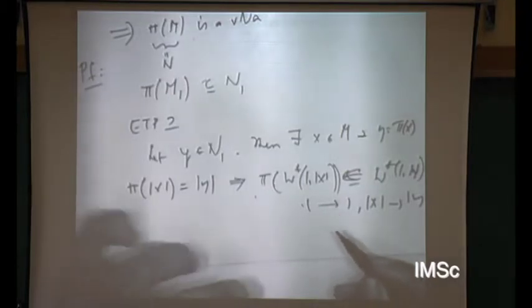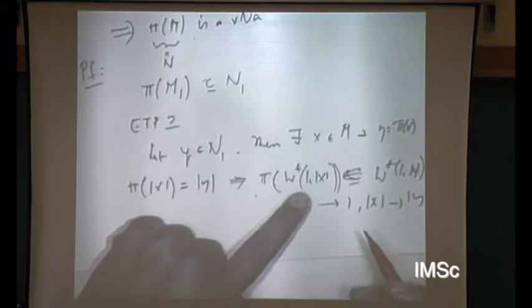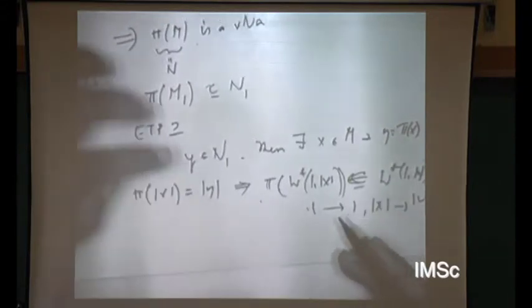So we know what W star of 1 and |x| looks like.